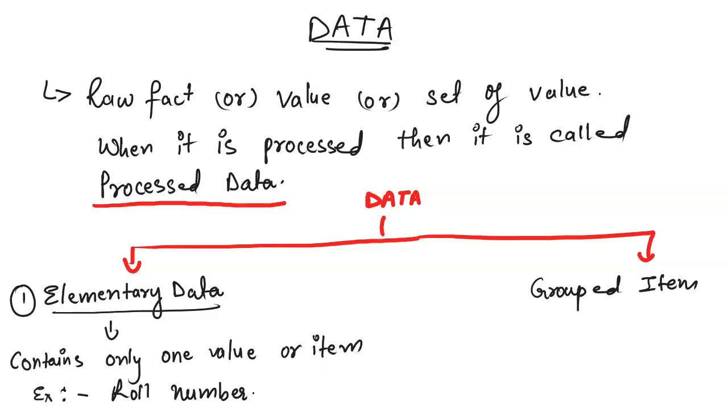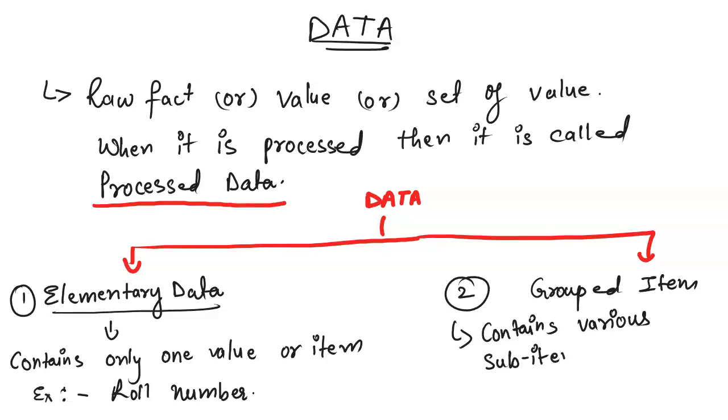Now the second one is the grouped item. As the name explains itself, the grouped item is basically a collection of sub items. Basically it contains various sub items. For example, let us take the example of a name, which has three parts.